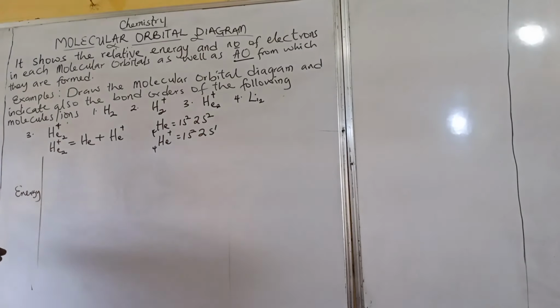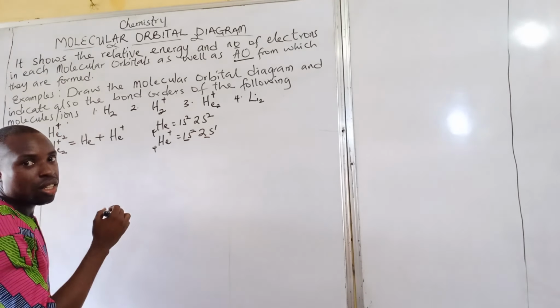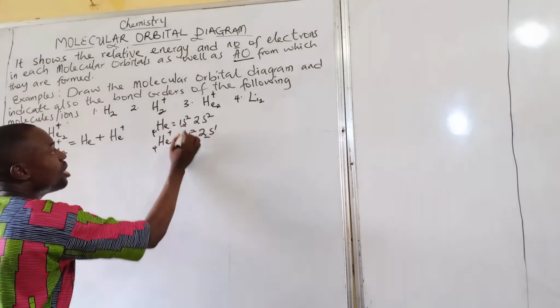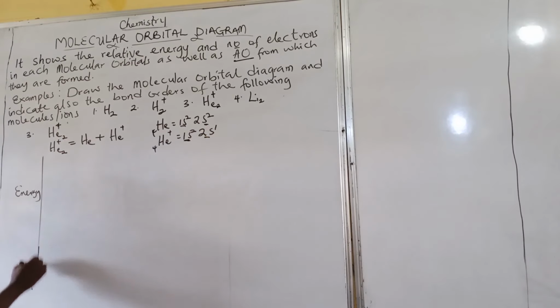So meaning we have two diagrams here. Now the first diagram, which is for the 1s, is that this and this will interact. This and this will interact. So we come here and draw it here. Okay. So come here now. 1s2, here is 1s2.